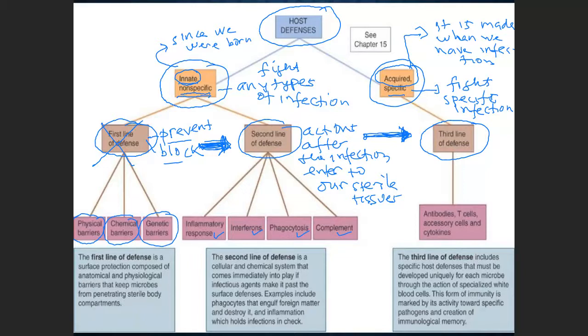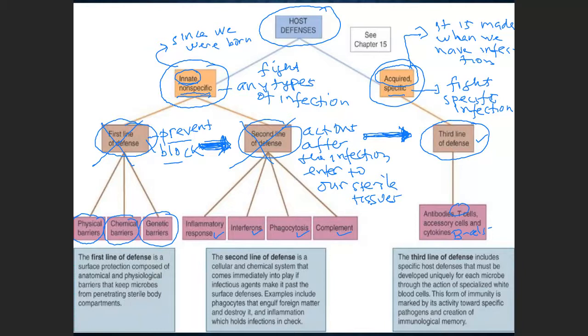And if the second line of defense fails, then we still have one more, the third line of defense. This is a type of specific defense mechanism. It is done by the T cells and also by the B cells. Then we will talk about this third line of defense later.